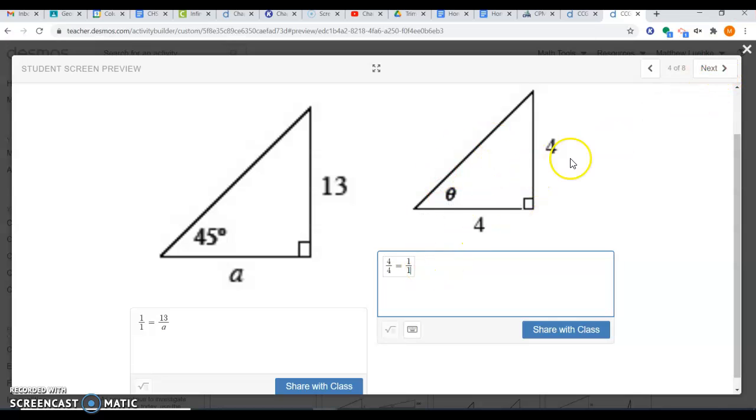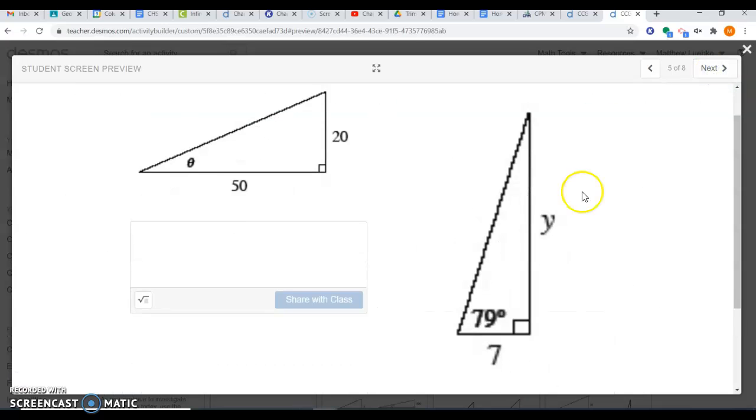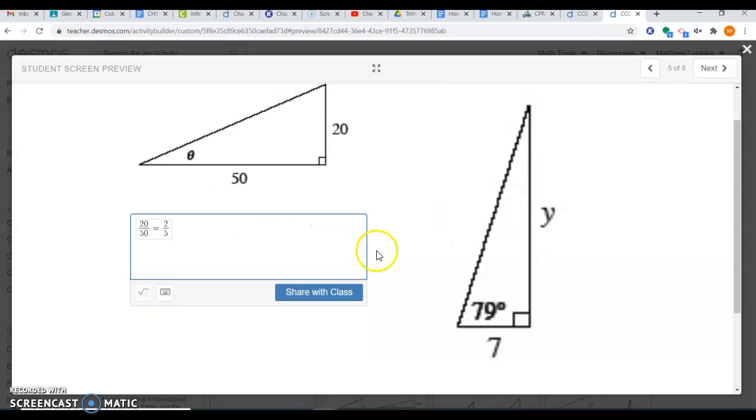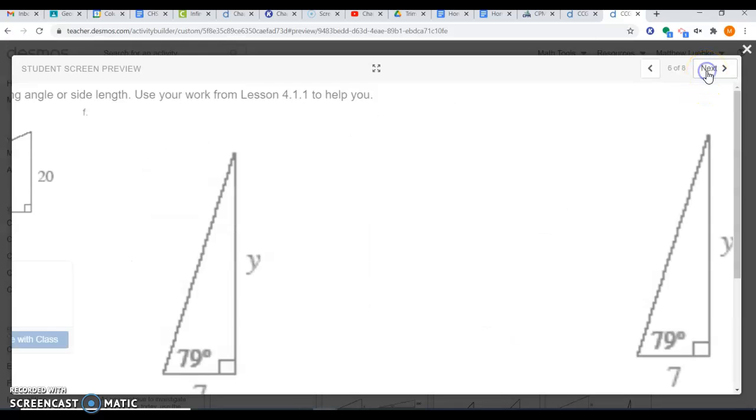And we can answer the question that they're looking for there in part D. All right, part E, I see kind of a similar thing, 20 over 50, that reduces down to 2 over 5, and I can say, okay, what angle goes with the 2 over 5 slope ratio? Answer that question there. And then here I have this one where they're giving me 79, and I need to find this y. Well, 79 doesn't look familiar to me, so I'm going to go to the next slide to try to answer this one.